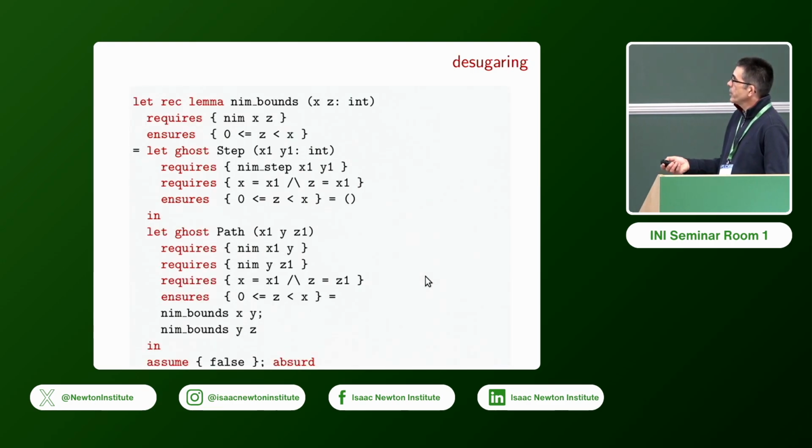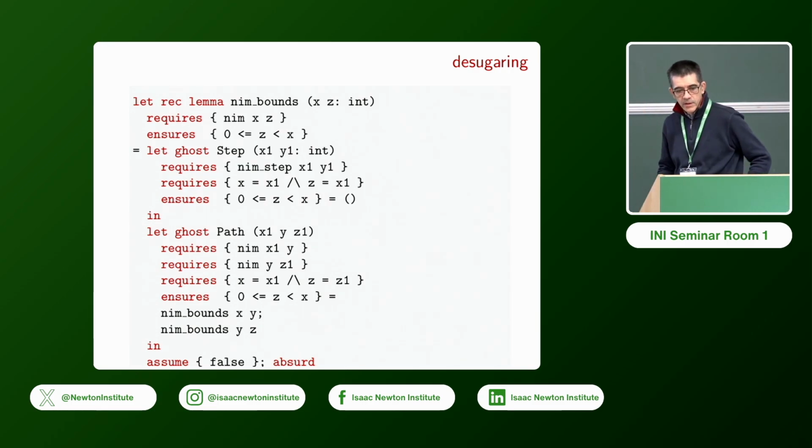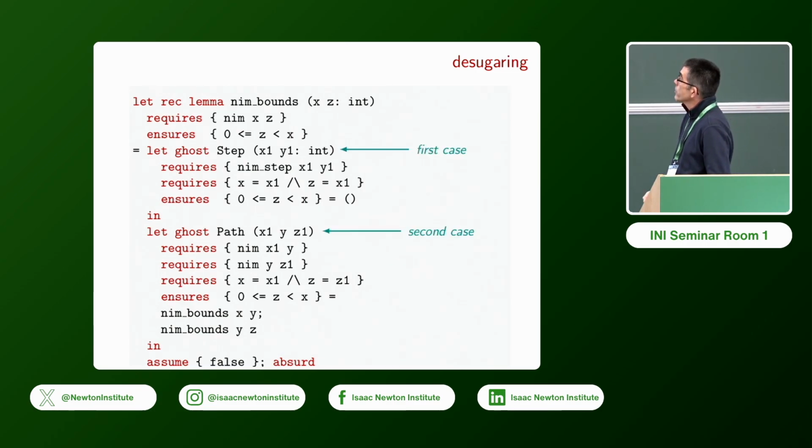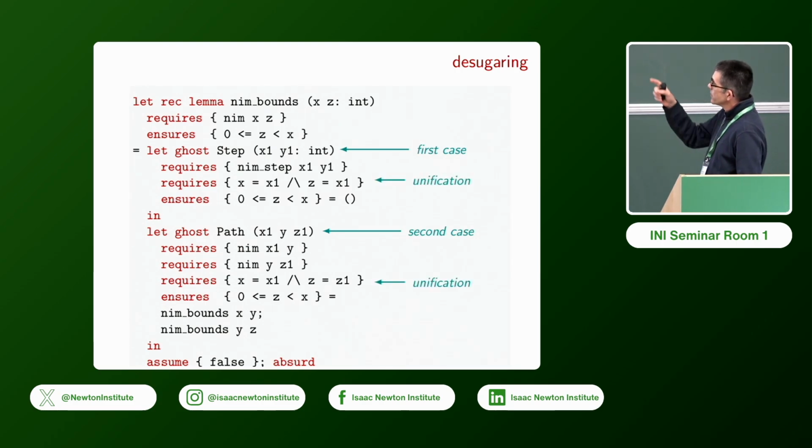Okay, so what we did is to desugar this into something we already knew to do. We are turning the match inductive into several local ghost functions inside that lemma function. So here we have one ghost function called step for the first case of the match inductive, and a second ghost function pass for the second case. These functions have several pre and post conditions.